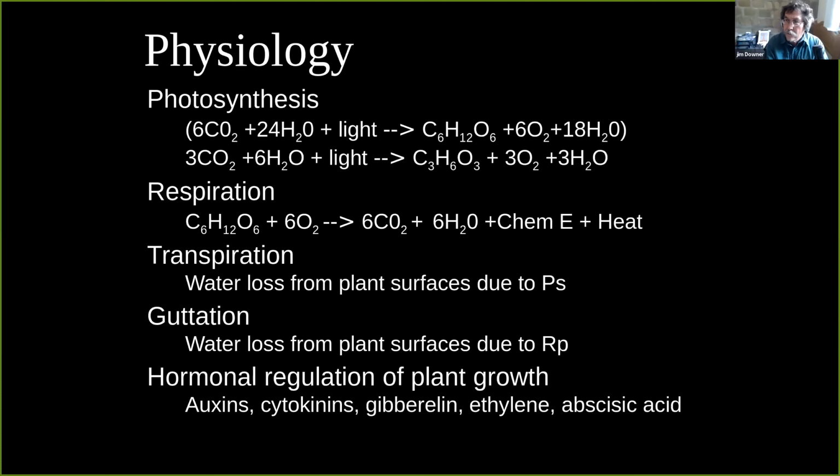And when there's not enough water, the roots will send that signal and they'll close the stomates even during the day to try to save water in the leaf. So there are many chemical processes that hormones regulate, and it is a big part of the physiology of the plant.